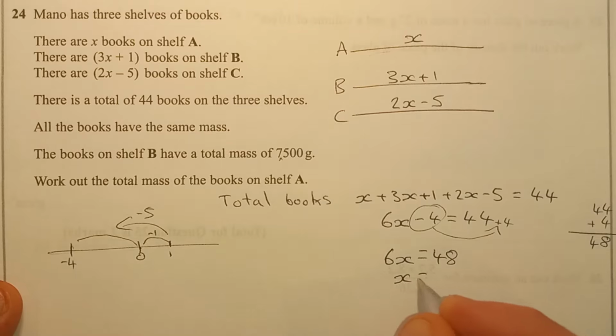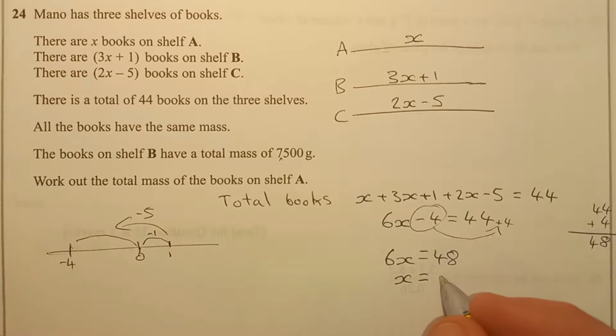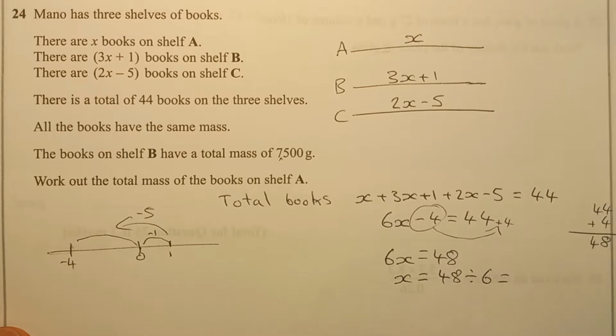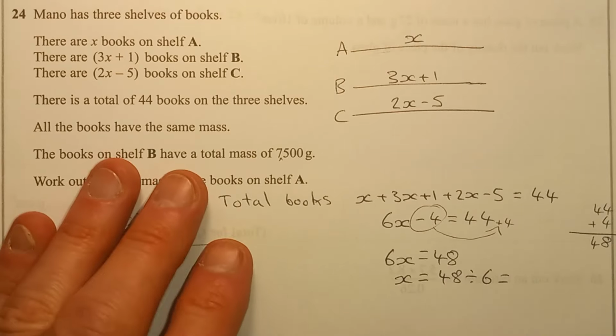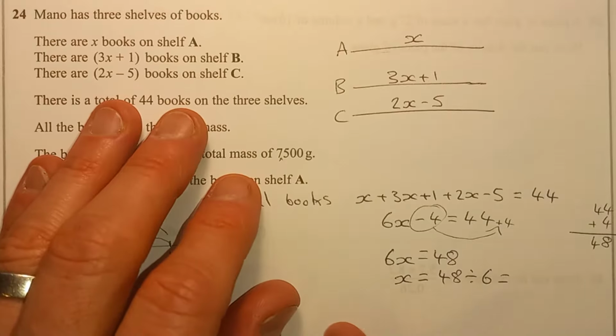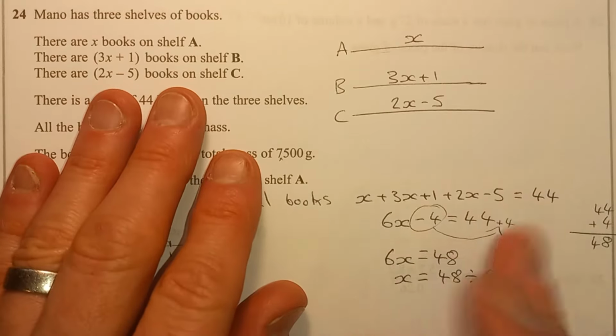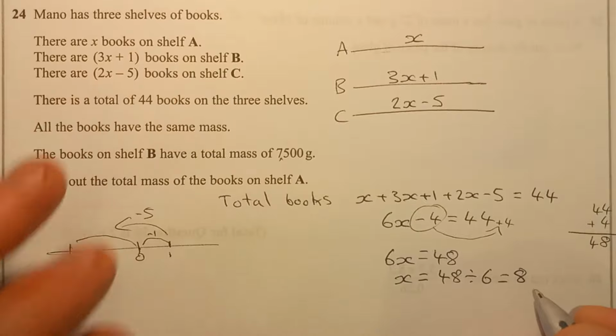So x, well, if we only want one of them, we're going to divide by the 6. We get 48 divided by 6. And we've got 6, 12, 18, 24, 30, 36, 42, 48. So x equals 8.